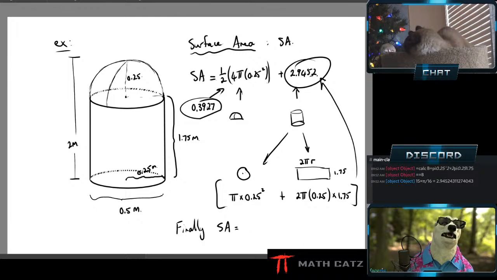Don't use the rounded ones, of course. See what that is? But luckily I assigned variables to this, so it's easy to do. 3.3379 surface area square meters.